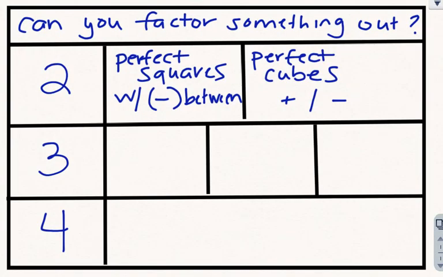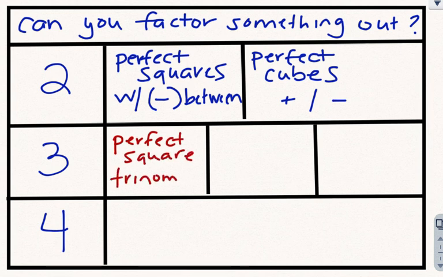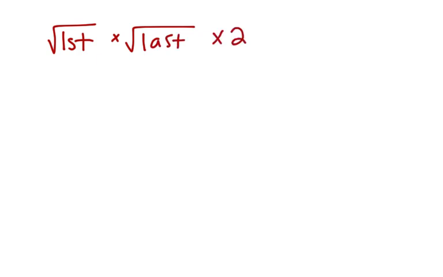If there's 3 terms, you want to see if they're perfect squares. And the test for a perfect square trinomial is to square root the first term, multiply that by the square root of the last term, and double it, or multiply by 2.